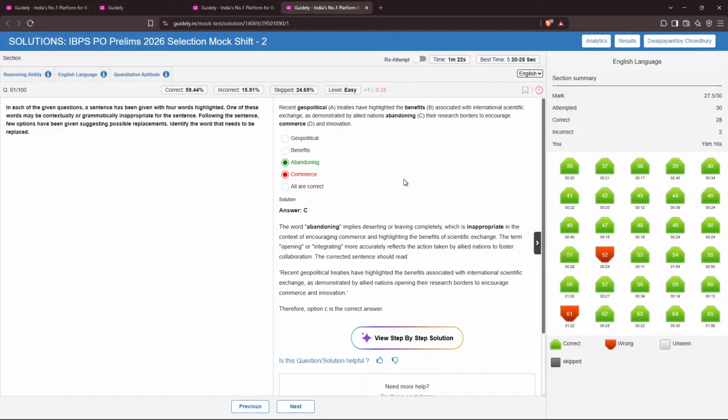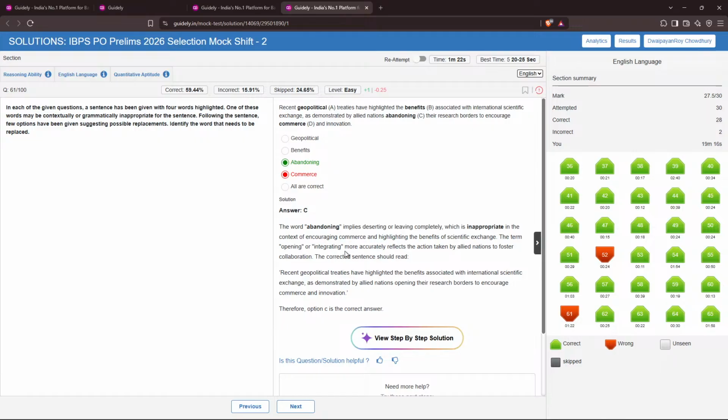So then the last one was not abandoning, but abandoning their research borders. So borders are being abandoned, right? Deserting, leaving, completely appropriate, encourage commerce. The term opening or integrating.